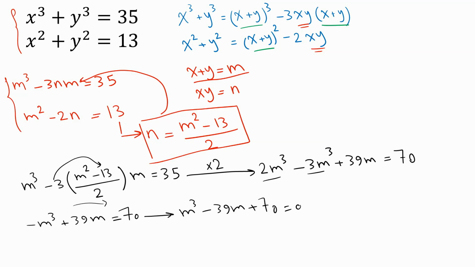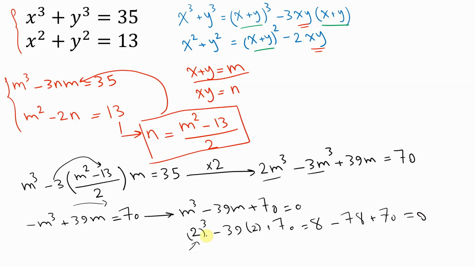No, 1 is not the case. But 2, how about 2? You can insert 2 instead of m, and you have 2 to the power of 3 minus 39 times 2 plus 70. So here we have 8 minus 78 plus 70, and what is the answer for this one? Equals 0. So 2 is one of the roots.